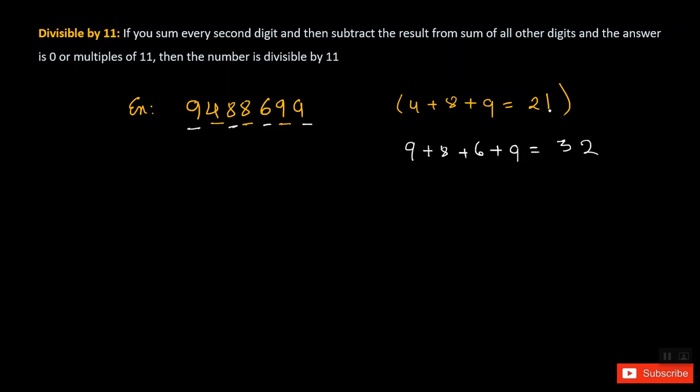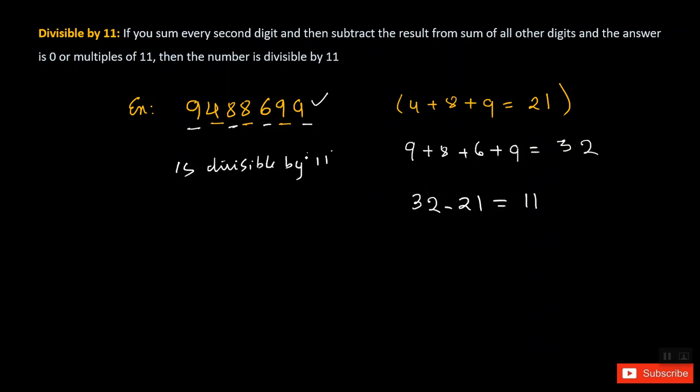No matter whether your answer is negative or positive, we are just looking at whether the result of the subtraction is a multiple of 11 or not. So 32 minus 21, the result is 11. Then I can say this number is divisible by 11. This is how you check.